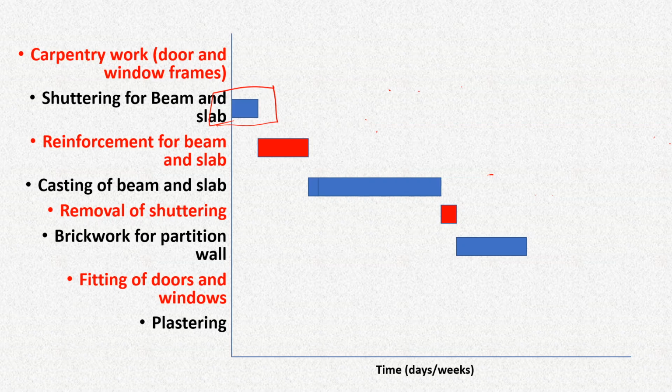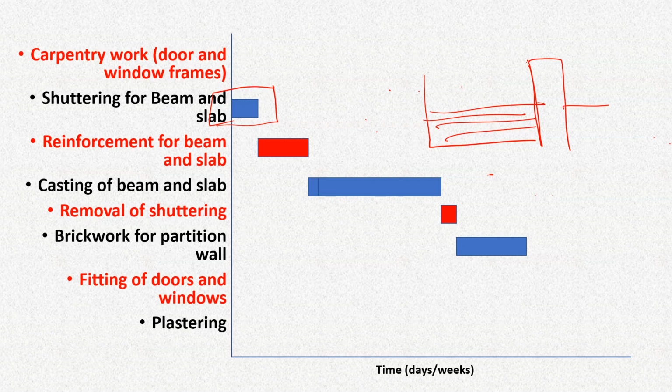That means if you have this much brickwork done, at the same time you fit the door frames here, and therefore the doors and windows will have to be ready, the frames at least, not the panels. The panels can be fitted later on, but the frames or the chokats of doors and windows will have to be prepared by the time we start our brickwork.